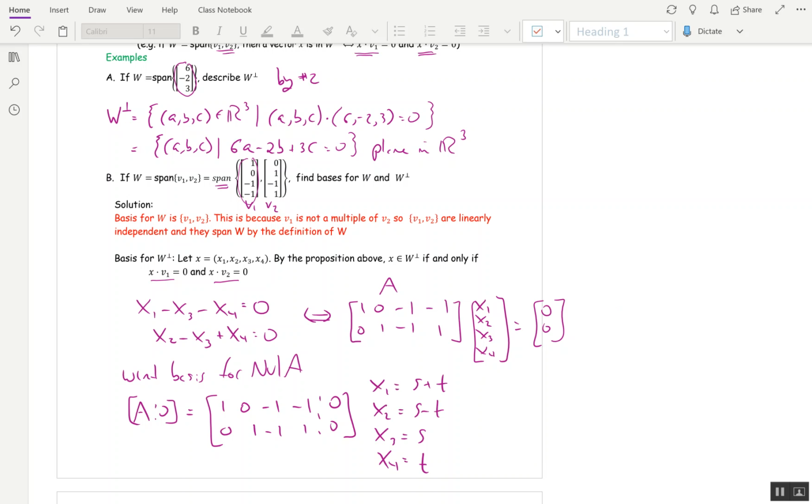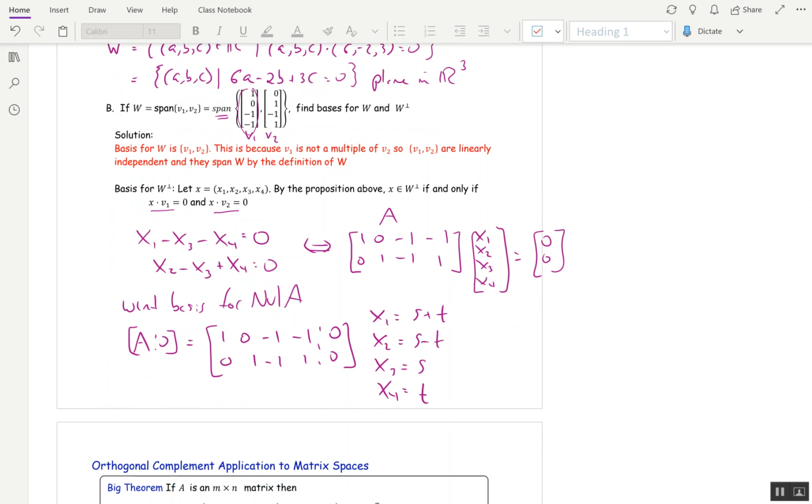So our basis will consist of the s vector and the t vector. So a basis for W perp is, all right, our s vector (1, 1, 1, 0), and our t vector (1, -1, 0, 1).